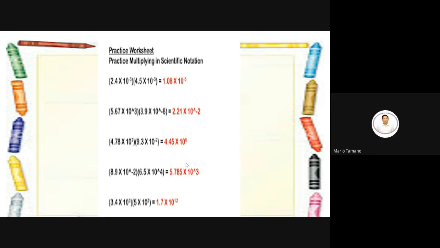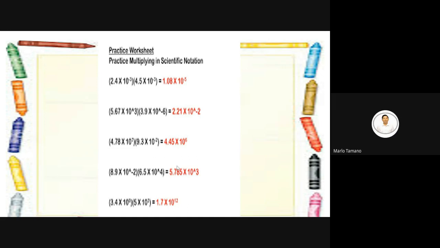Iba-iba kayo ng sagot. 10.8 po. 2.4 times 4.5. So magiging sagot ninyo dyan ay 10.8. And that is the product. Naintindihan? Tapos yung times 10 to the negative 3 plus negative 3, what is the sum? Negative 3 plus negative 3. What is the sum? Negative 6.